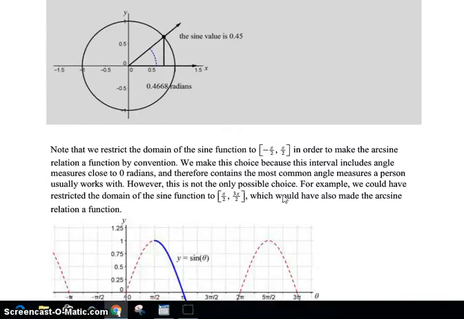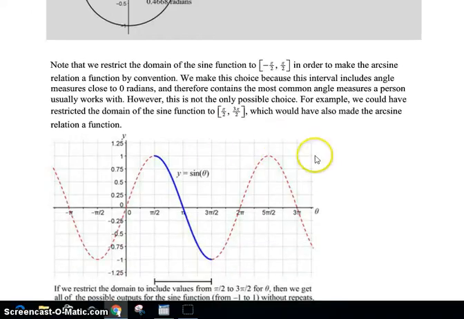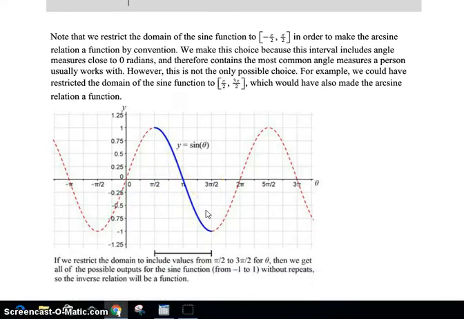Okay, now I don't want this video to go too long, but as I scroll through, you see the publisher is going to talk about other quadrants, like quadrant 2 and quadrant 3 on the unit circle, which would correspond to this interval pi over 2 to 3 pi over 2.